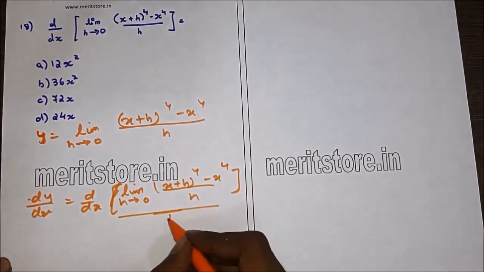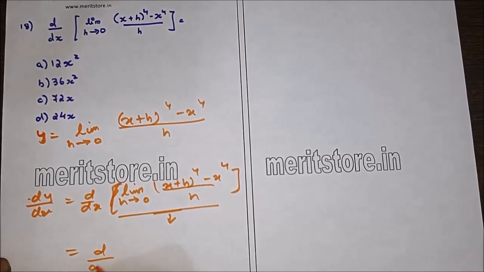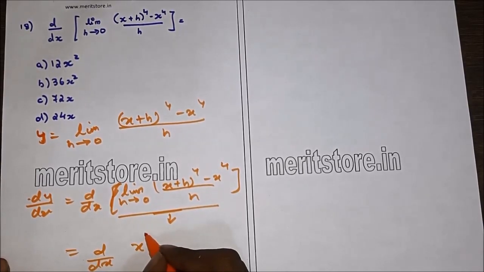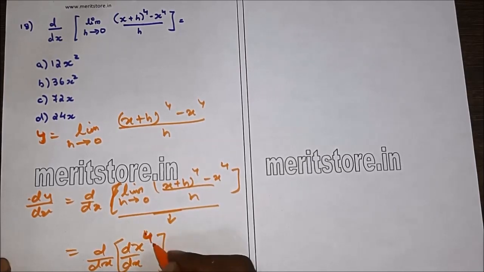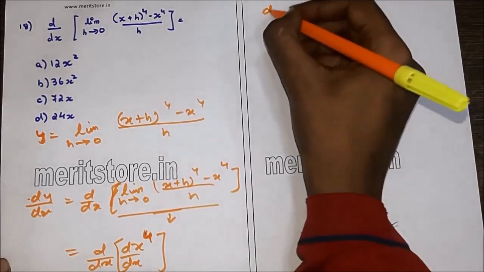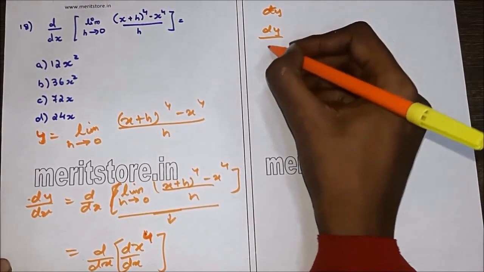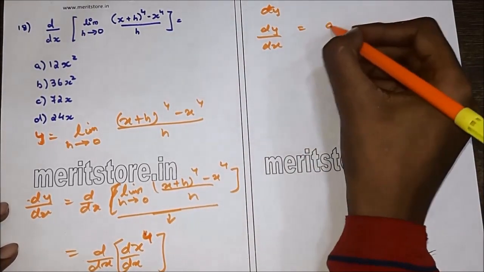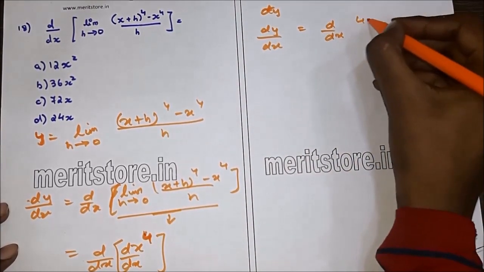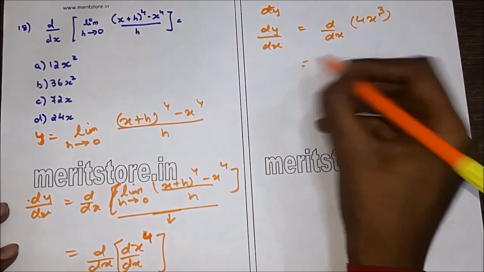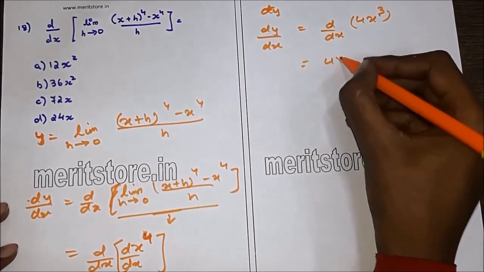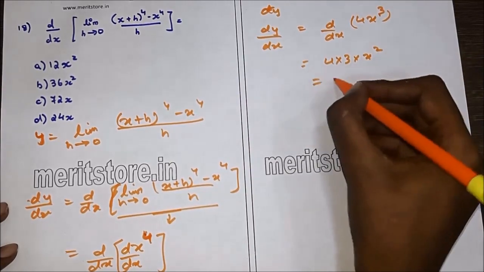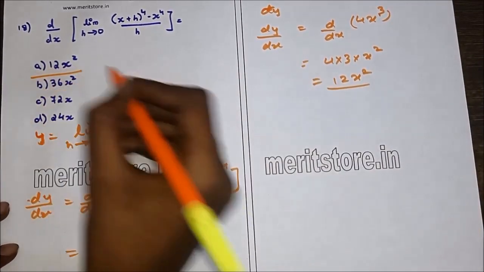Now this term can be written as derivative of x raised to 4, d by dx of x raised to 4 by first principle. So dy by dx is differentiation of x raised to 4, which is 4x cube. So this is d by dx of 4x cube. Again we differentiate, we get 4 into 3 into x square, which is 12x square, which is option A.